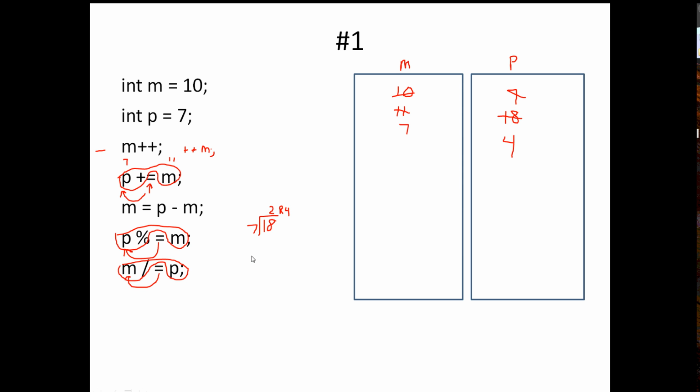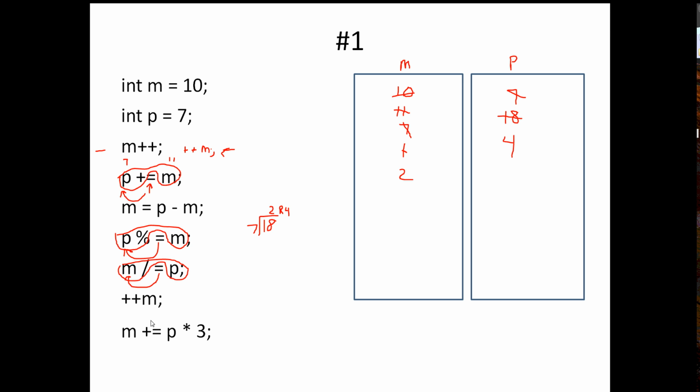If you did it in your calculator, just make sure you truncate the decimal and get rid of it. So an int divided by an int is an int. 7 divided by 4 in Java is 1. Then ++M, like I said up here, it's the same thing. We're just incrementing M. No big deal. It's 2.